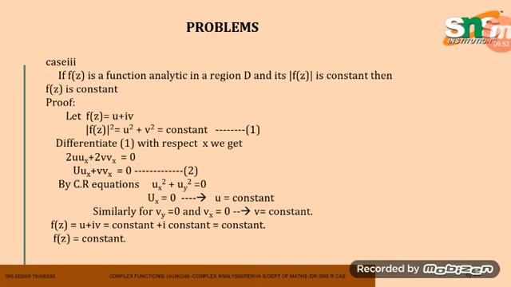If you differentiate with respect to x, you will get 2u ux plus 2v vx equal to 0. If you take 2 as common, it goes to that side, so you will get u ux plus v vx equal to 0.